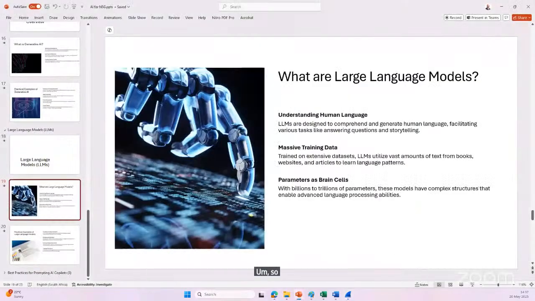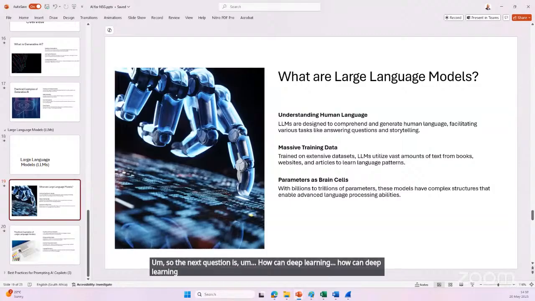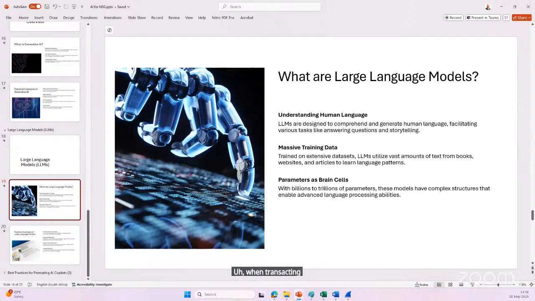So the next question is, how can deep learning concepts assist in identification of individuals when transacting with government?